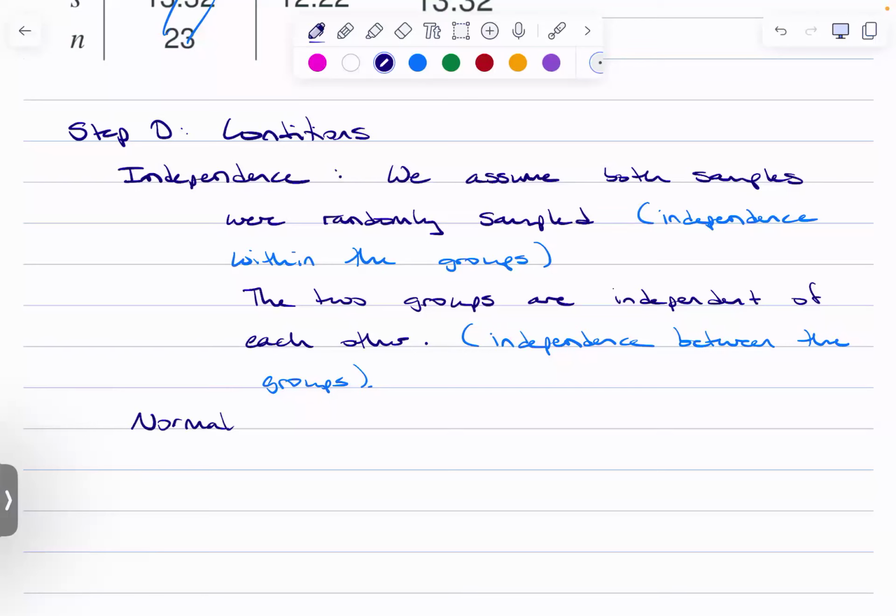For the normality condition, we have the side-by-side box plots, right?